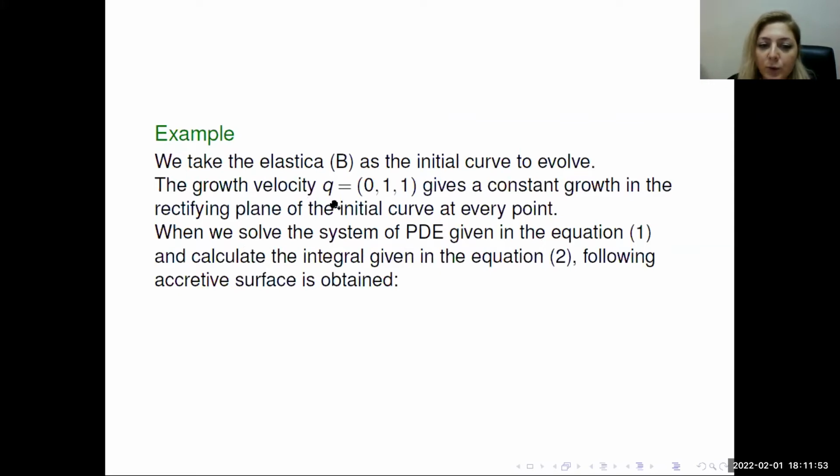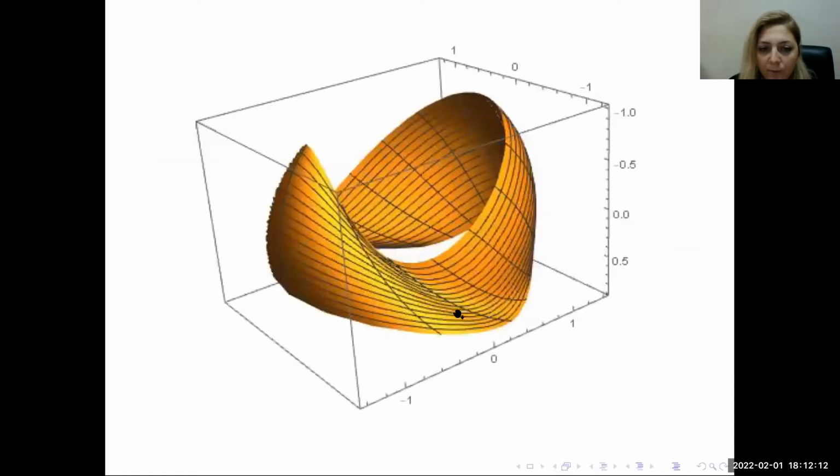Then we choose a growth velocity Q. This growth velocity gives a constant growth in the rectifying plane of the initial curve at every point. Then we solve the system of PDEs and take the integral. So we have this accretive surface.